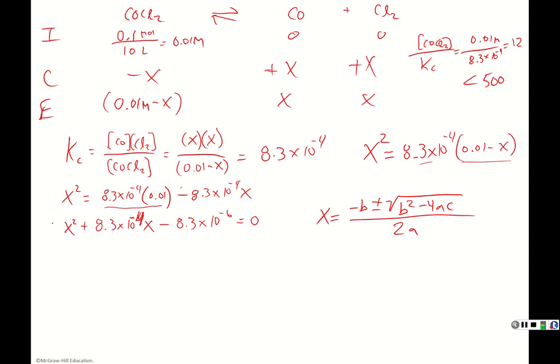And a would be the coefficient out in front of the x squared. b is this coefficient, 8.3 times 10 to the minus 4. And c is 8.3 times 10 to the minus 6. So we can plug all of that stuff in. And when we do that, we get something like this.